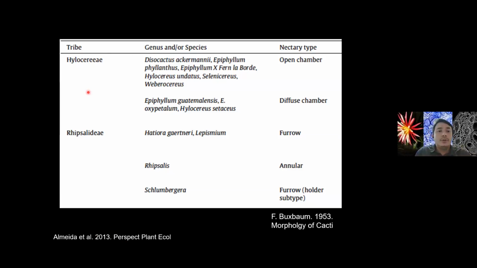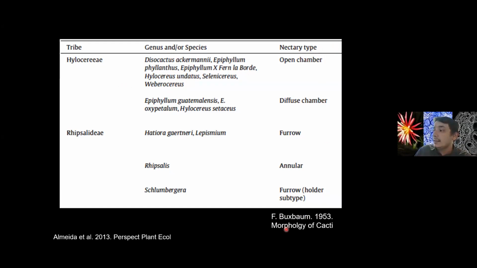In a general view, the flowers we analyzed in different genera from Iloceri, Ilocerius, there is no more, it's Silencerius now, have a vast nectariferous tissue. It's classified as a chamber nectary type, using the classification of Buxbaum in 1963.